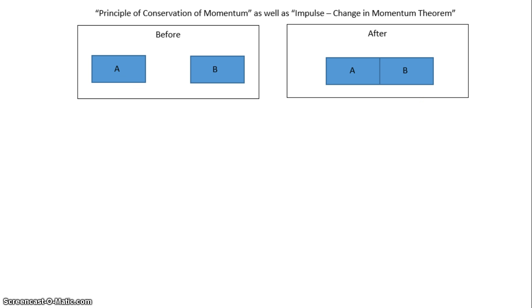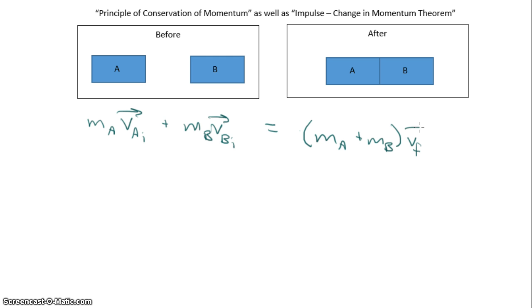What about this one? Well, let's see. Here I have an MAVA initial and an MBVB initial. They each have their own momentum. And what's happening over here? Well, there's still an MAVA final and an MBVB final, but they're behaving as if they are one mass, MA plus MB, V final.